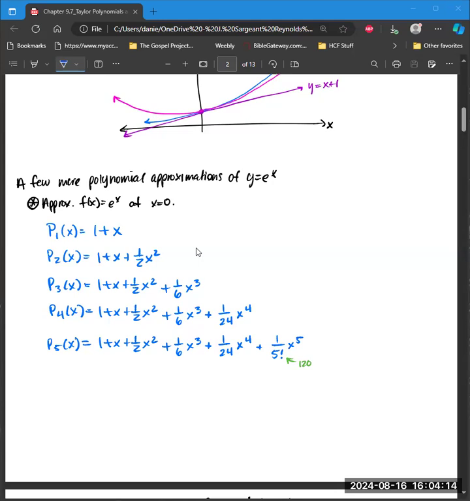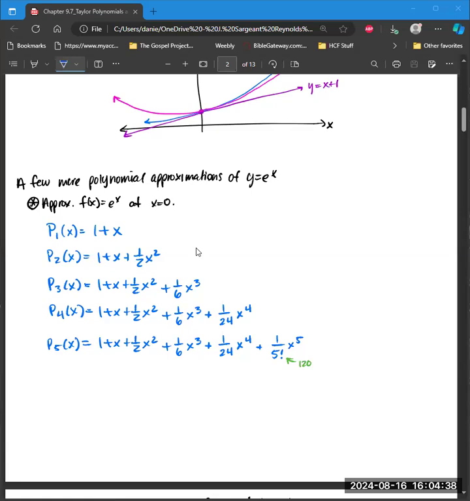If not, we'll show you here when we get to P4. So we're going to get 1 plus x plus 1/2 x squared plus 1/6 x cubed plus 1 over 24 x to the fourth. And if you haven't noticed the pattern yet, the division here is 1 factorial, 2 factorial, 3 factorial, 4 factorial.